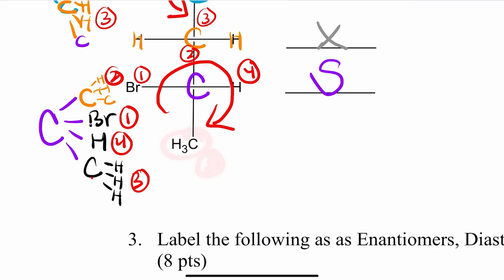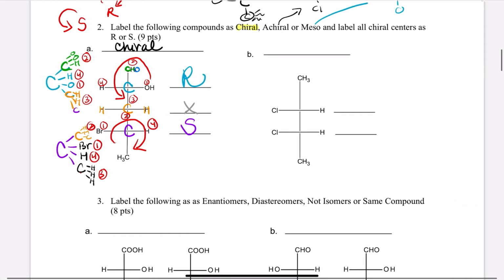It always gets the next lowest priority because nothing is ever going to be as crappy as a carbon attached to 3 other hydrogens. So this one beat this one because it had one thing that was heavier. Nothing's going to be heavier or lighter than hydrogens.